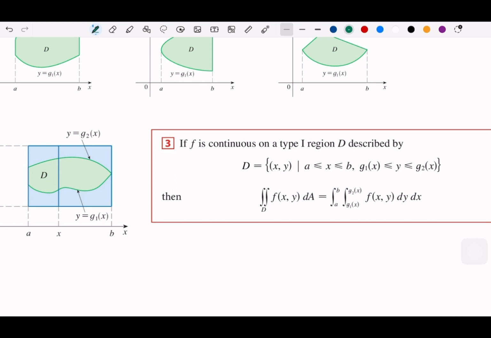The variable x starts from a to b, so that will be a constant. We set the constant in the outside integral, where y will be the inside, because y is a function of x.